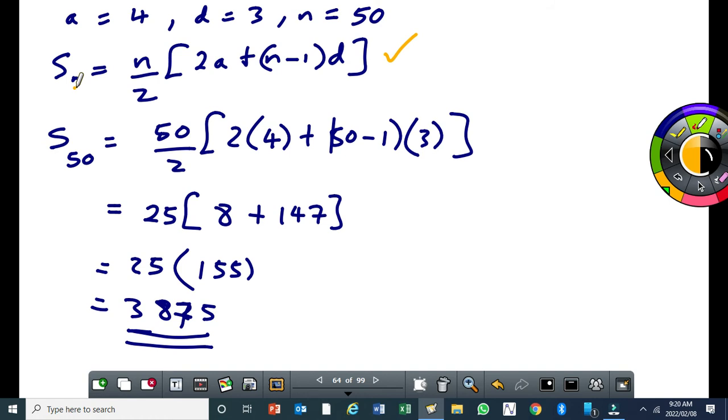Since we had the last class on arithmetic series, here we just do the formula n over 2 times bracket a plus l. No. Don't confuse the value of the last term and the number of terms. The number of terms here is going to be 50.